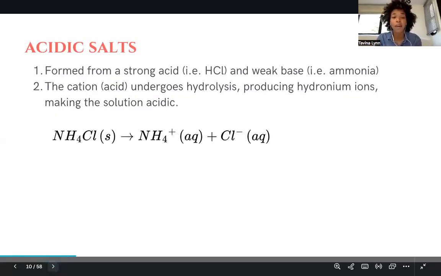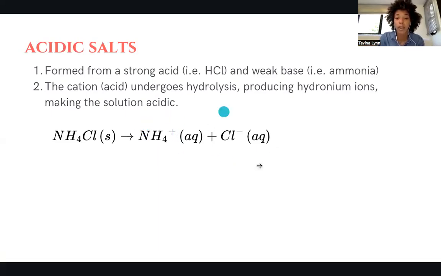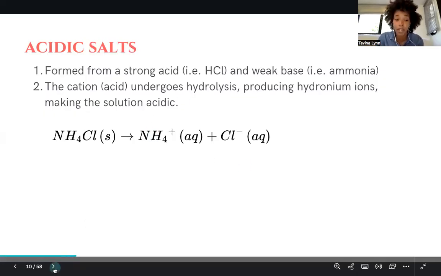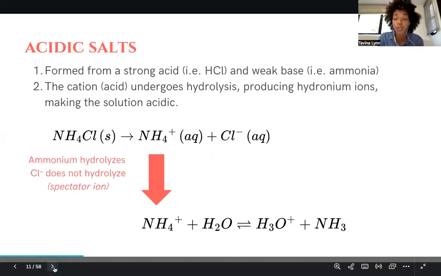If we have ammonium chloride and we dissolve this in water, it's going to ionize to ammonium cations and chloride ions. Now, the chloride ions are spectators, so they're just going to be in solution. They are not going to hydrolyze. However, the ammonium ions will hydrolyze with water.